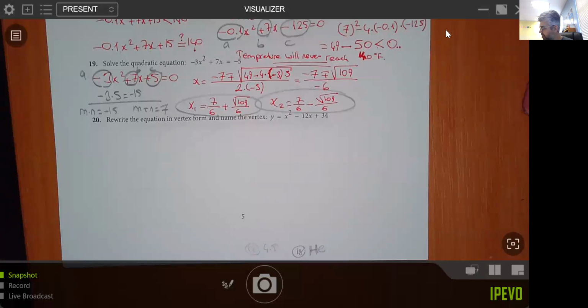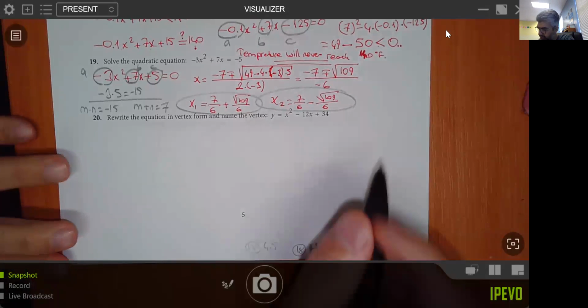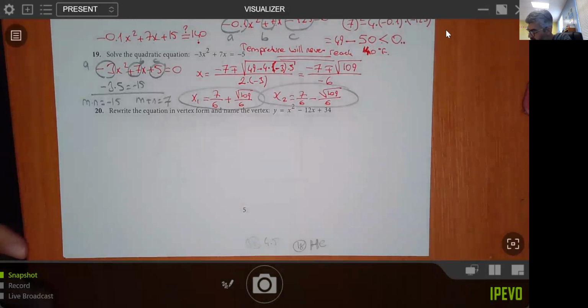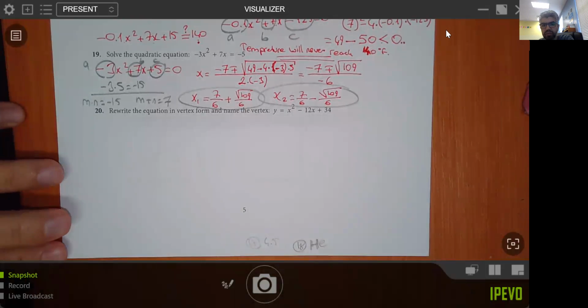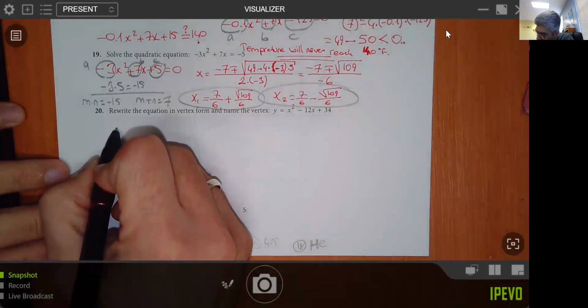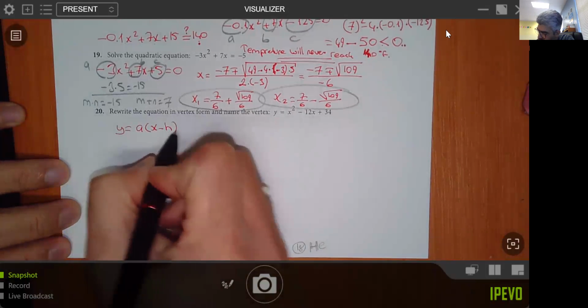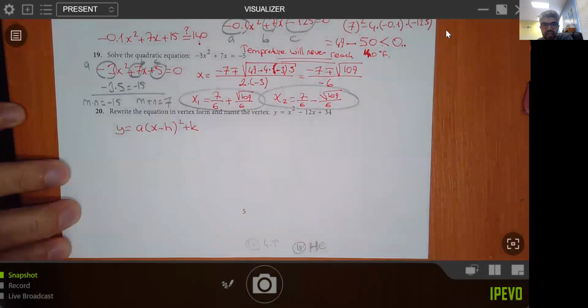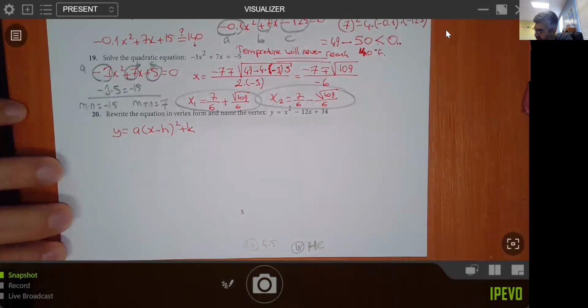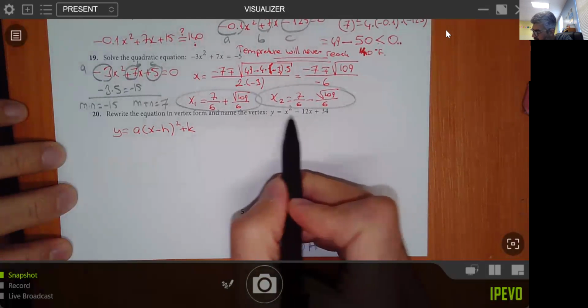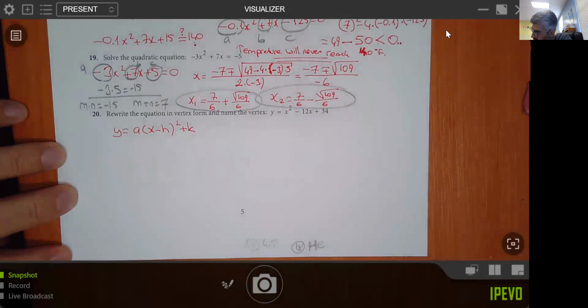So guys, we are doing great. Now the last question is, rewrite the equation in vertex form and name the vertex. Oh, the vertex. What was the vertex form? Do you remember? It was a times x minus h squared plus k. This is the vertex form. So what do I have here? X squared minus 12x plus 34.